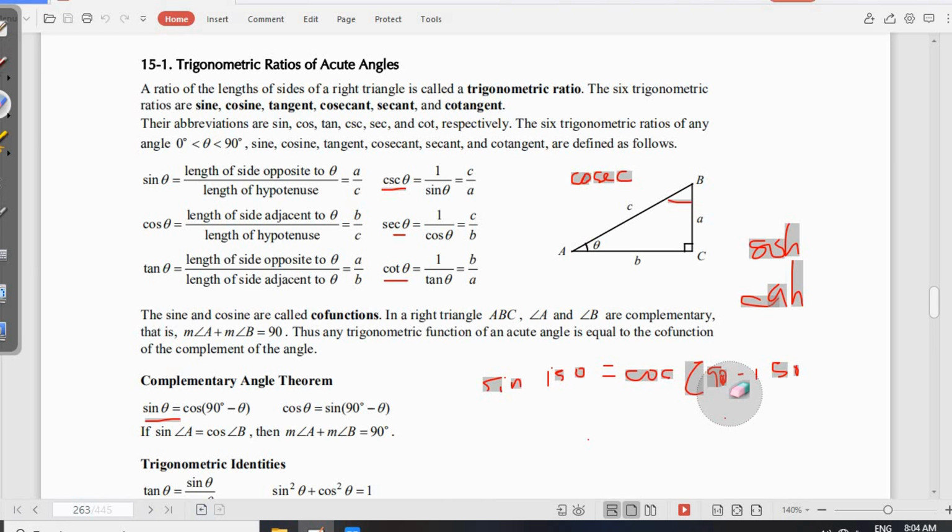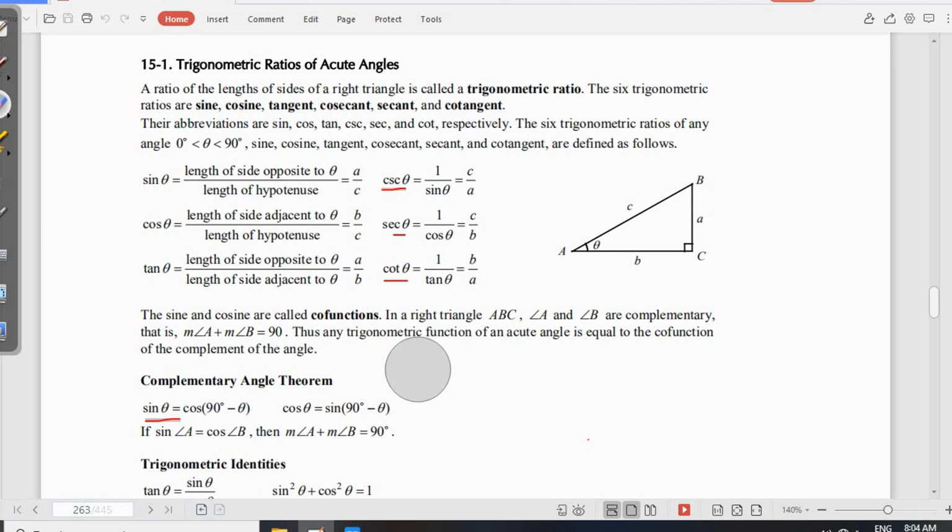That's cos of minus 60, and cos of minus 60 is the same thing as sine 150. So just remember that. Then cos theta is sine of 90 degrees minus theta. We call these complementary angles.